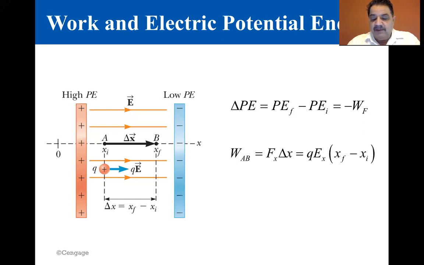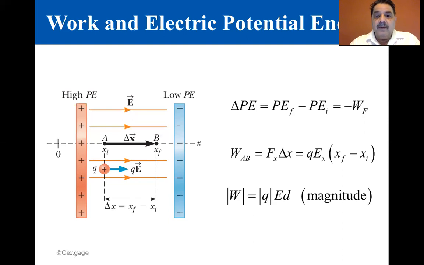The displacement can also be either positive or negative. This equation gives the magnitude of the work done by a constant electric field on a charge moving parallel to the field. That is, the absolute value of the work equals the absolute value of the charge times E times d.